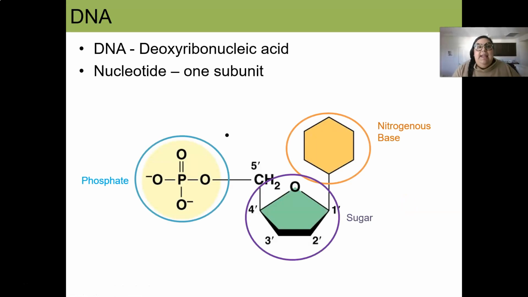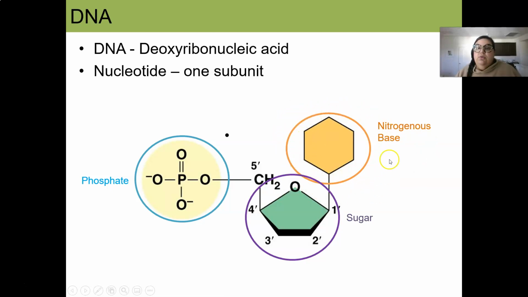So, DNA structure. DNA stands for deoxyribonucleic acid, and it is represented by nucleotides, or nucleotide, one subunit. One subunit looks like this and can be broken down into three parts. Here are the three parts. One, in orange, is the nitrogenous base.